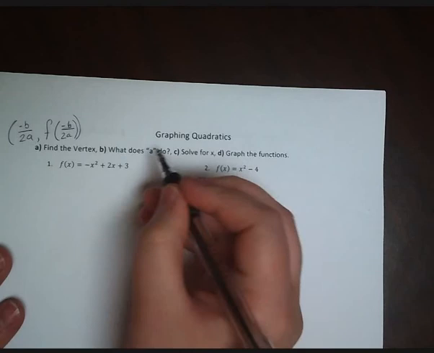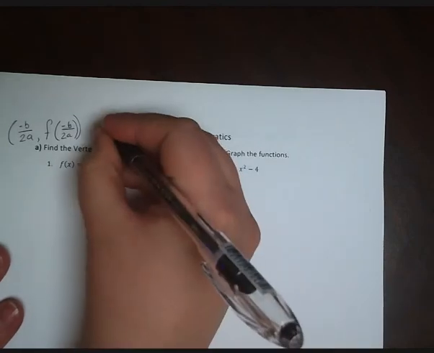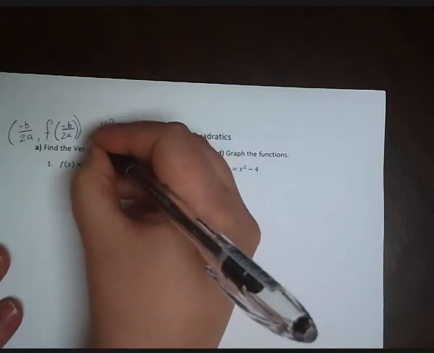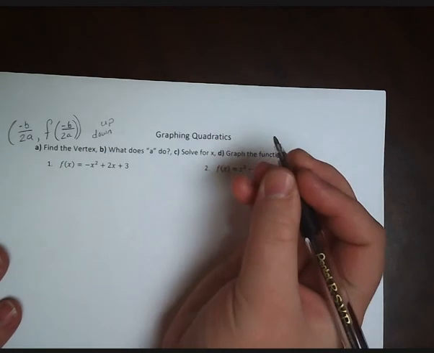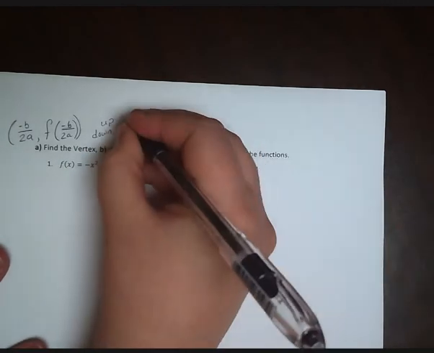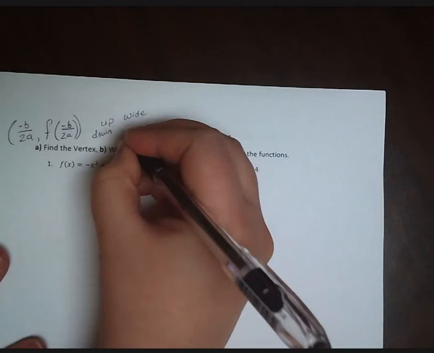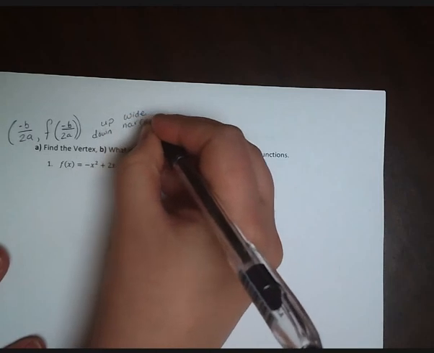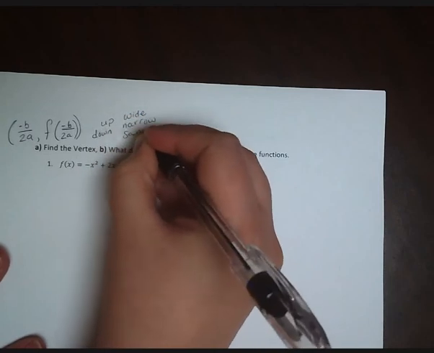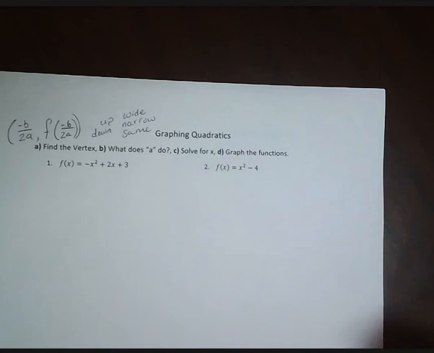For what does A do, we're going to say whether our graph is going to be up or down. And we're also going to state whether it's going to be a wide graph, a narrow graph, or it's going to be the same as the graph f of x equals x squared.